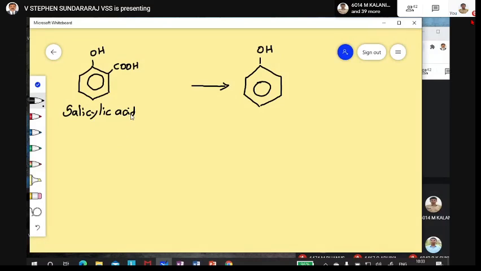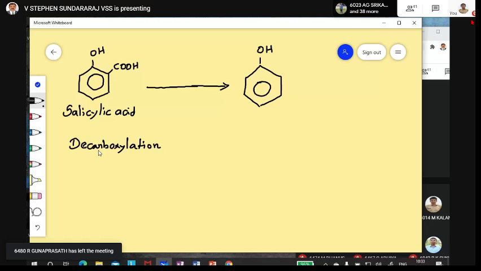Can anyone tell me how to convert this? You can think of decarboxylation. By looking at the structure itself, you should understand CO2 is going out, meaning hydrogen will get attached in this place. CO2 should go, that is decarboxylation.